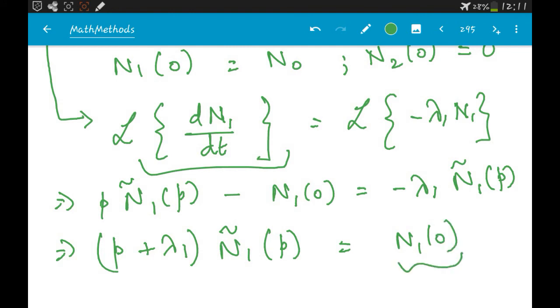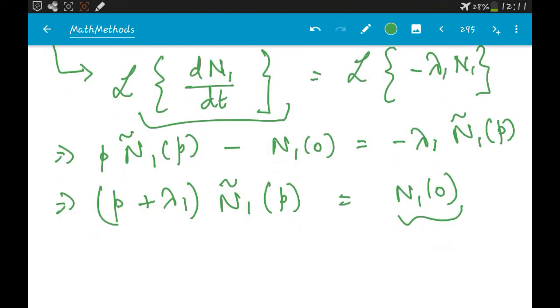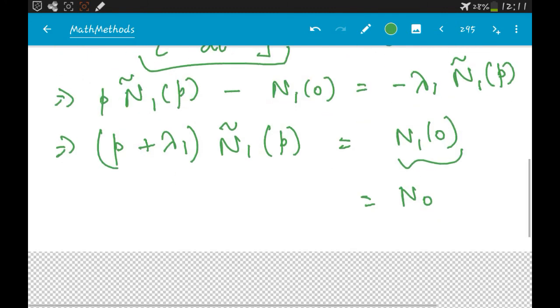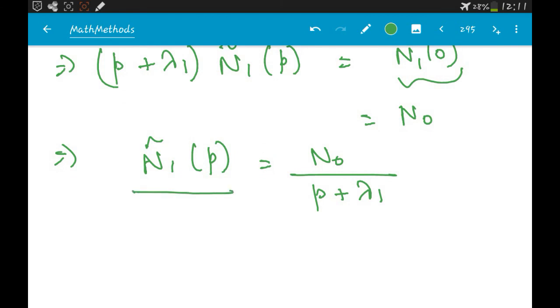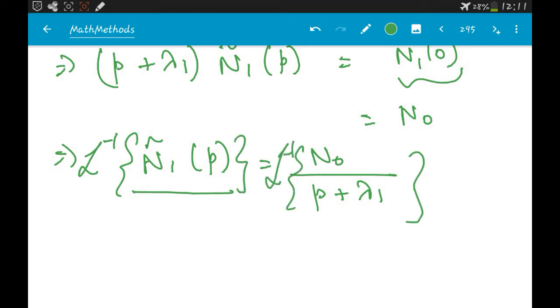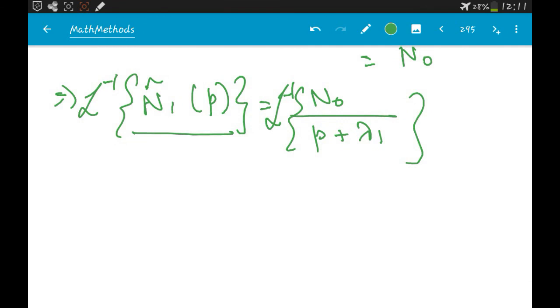So what is n1 of 0? n1 of 0 is nothing but n naught. So you are going to get n1 of p is n naught by p plus lambda 1. This is in terms of the Laplace transform, right? Now you have to take the Laplace inverse of this, and you know the formula now.